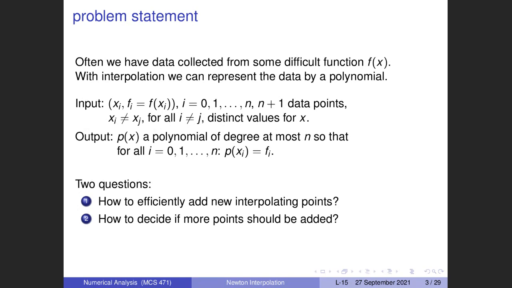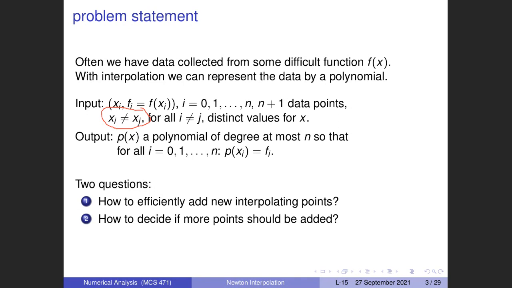So every morning we measure the temperature, and we want to represent that entire collection of data by, say, a polynomial. It is important in this lecture, and actually in all the topic of interpolation, that these points where we take our evaluations or measurements are all distinct from each other.